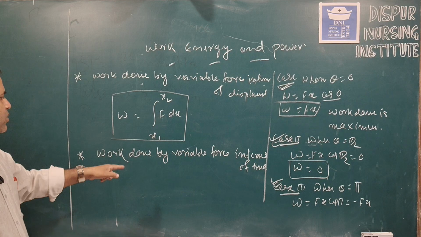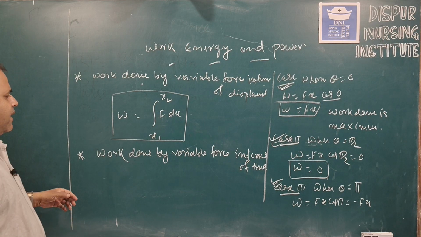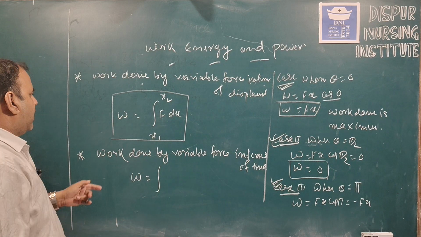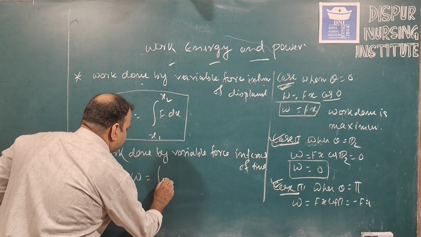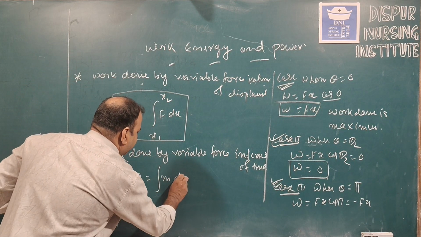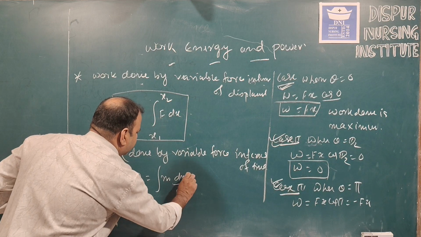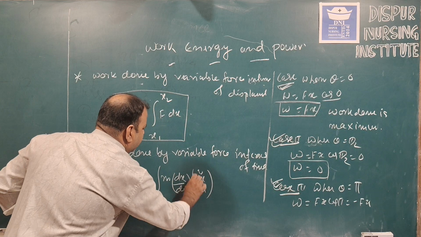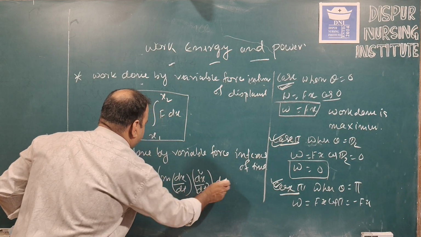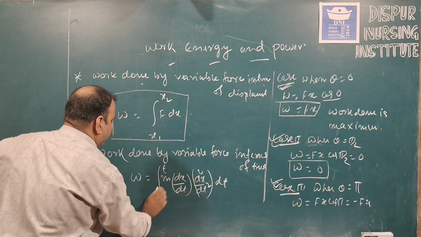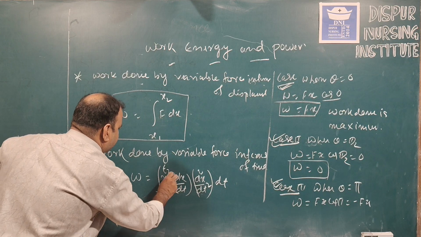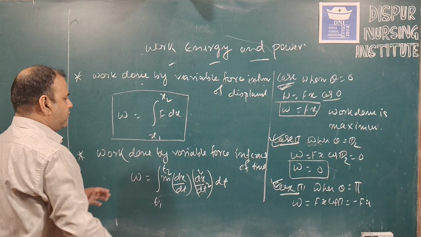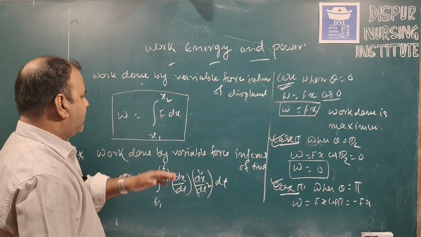In case of work done by variable force in terms of time, it is given like this: integration of m dx by dt into d square x by dt square into dt, with time limits t1 and t2. This is the formula for work done by variable force in terms of time.